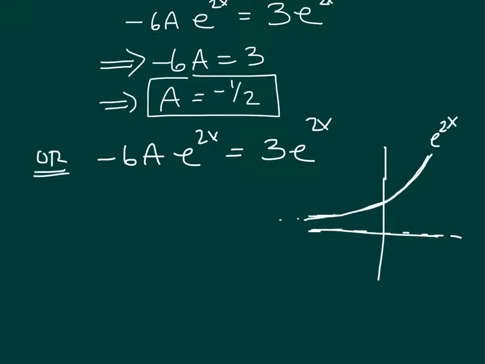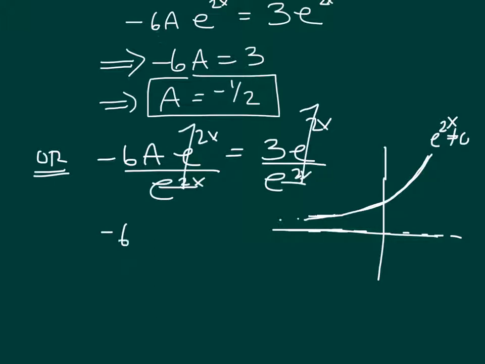It's going to get very, very close to the x-axis, but it's never actually going to touch it. So we know that this is never going to be 0, so we're allowed to divide by this function. Then that's just a big 1, and you get the same equation.